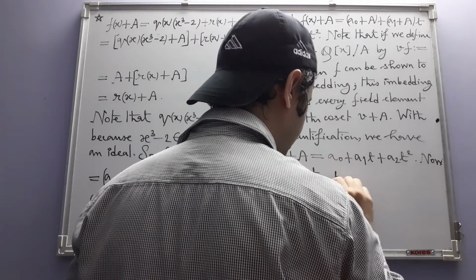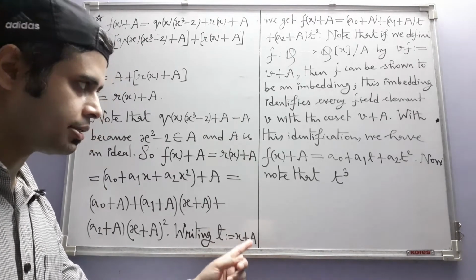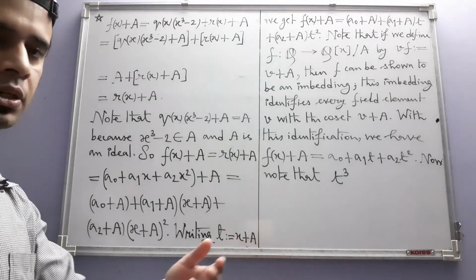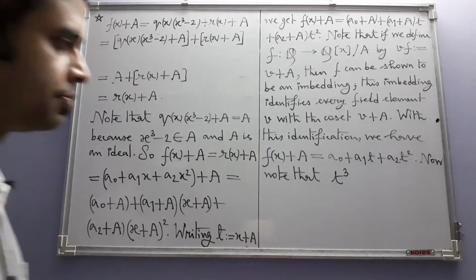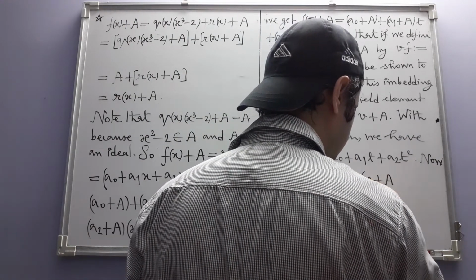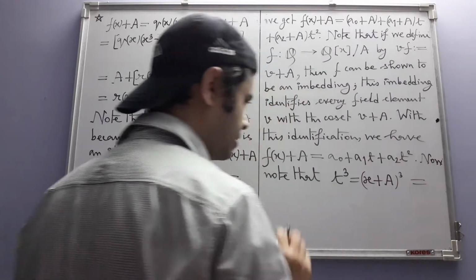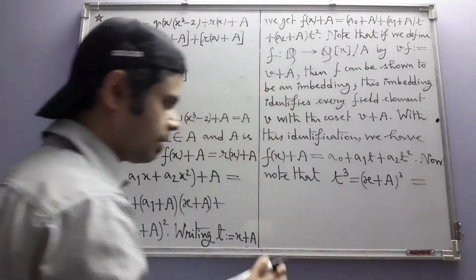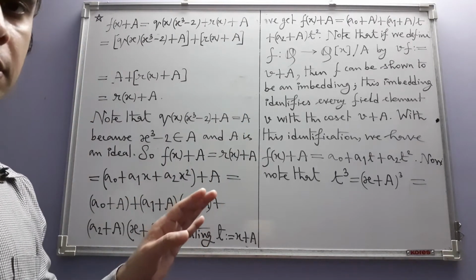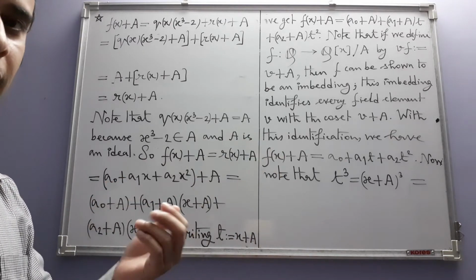Now note what happens if we calculate t cube. T as a coset, its cube makes sense because you are taking the product of x plus A with itself three times. So t cube is equal to x plus A whole cube. While we are working with these things, it's very easy to lose track of the things and then start doing high school algebra.